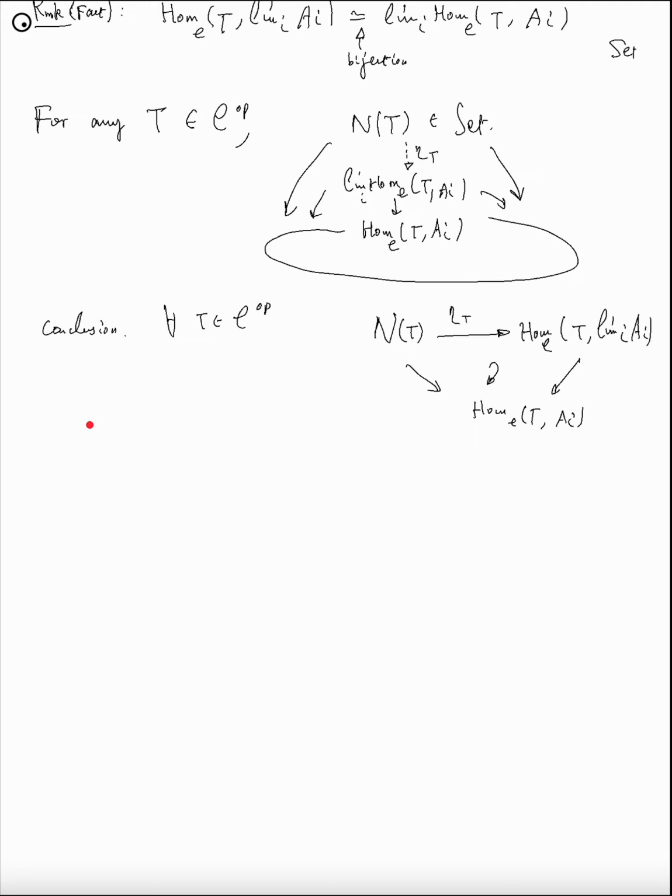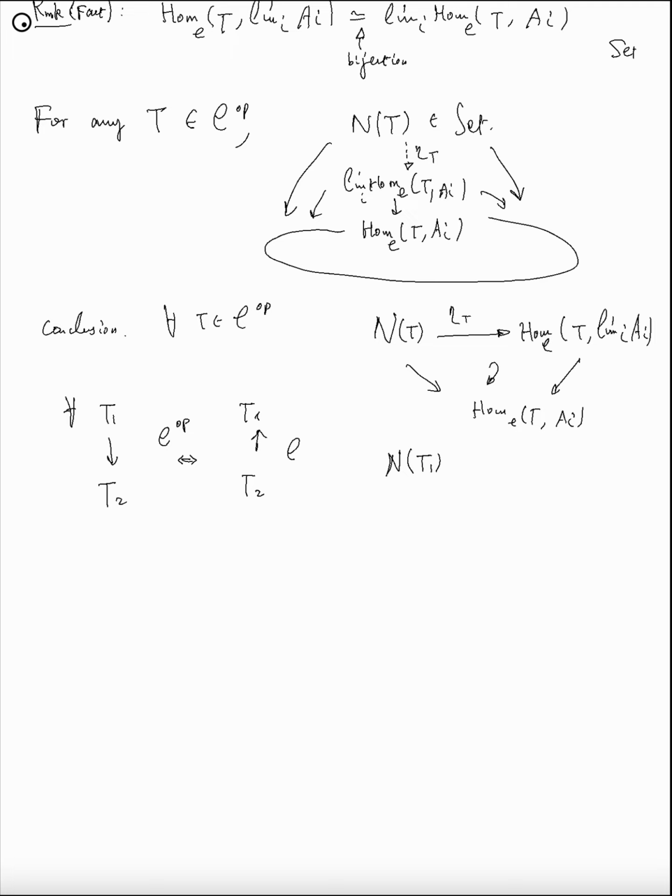What we want is, for any T1, T2 in C up, in other words T2, T1 in C, those are covariant functors from C up to sets.